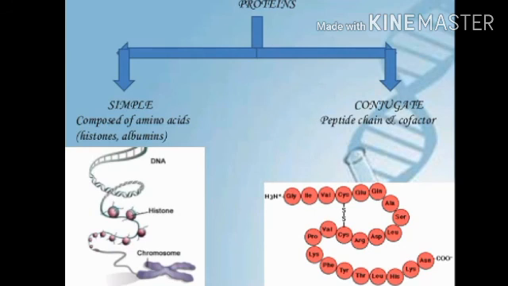If the polypeptide chain also has another component as a cofactor with its chain, then it is called conjugated protein.